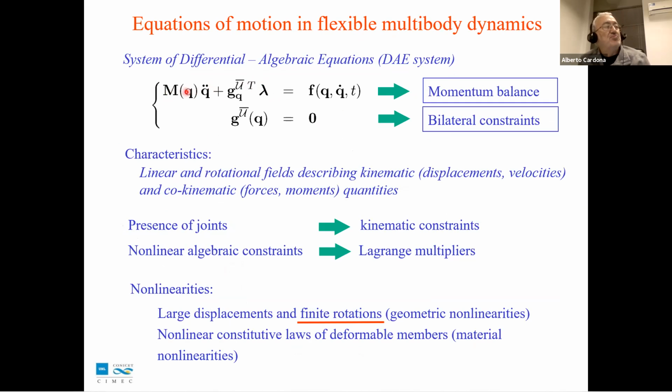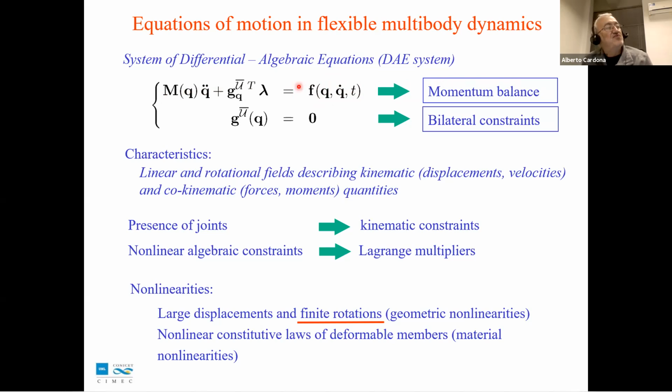Well, they can be represented mathematically by a system of differential algebraic equations, which are shown here. We have this term which gives the inertia efforts. These are the constraint forces in the system. And here in F, we have several kinds of forces: elastic forces, damping forces, external forces, and so on.